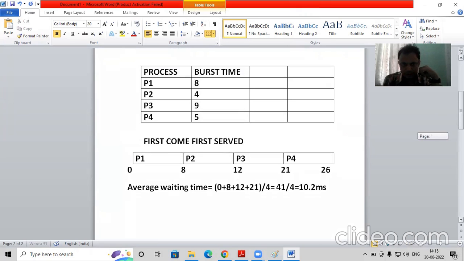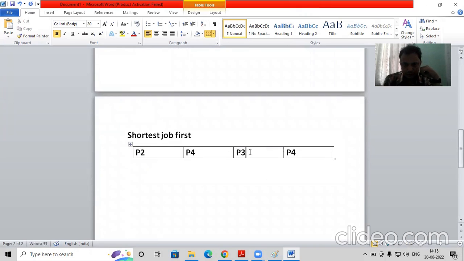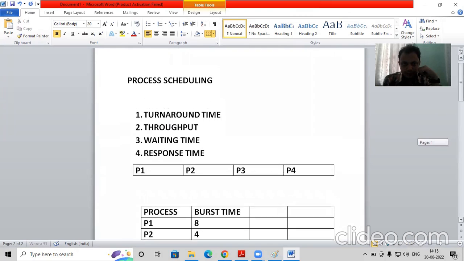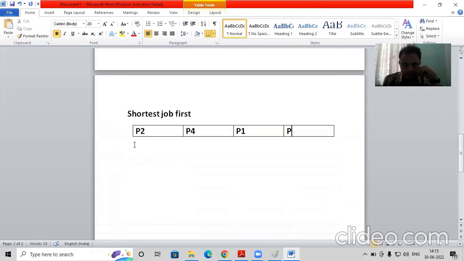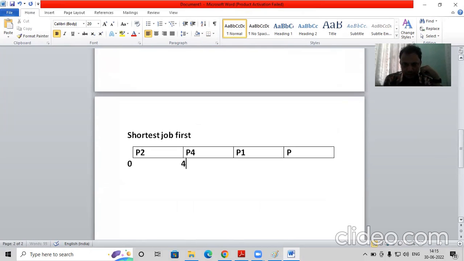P2 is taking 4 milliseconds, so starting from 0, it is 4 milliseconds. Now P4 takes 5 milliseconds, so 4 plus 5 is 9.